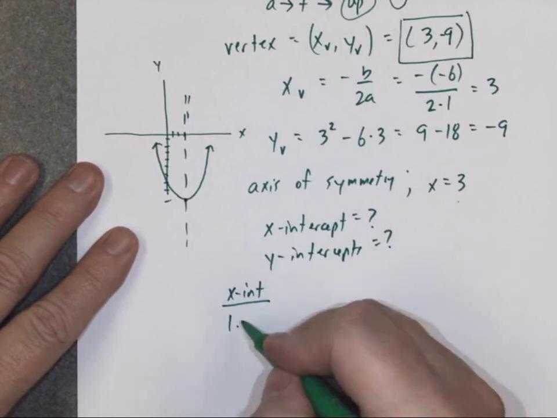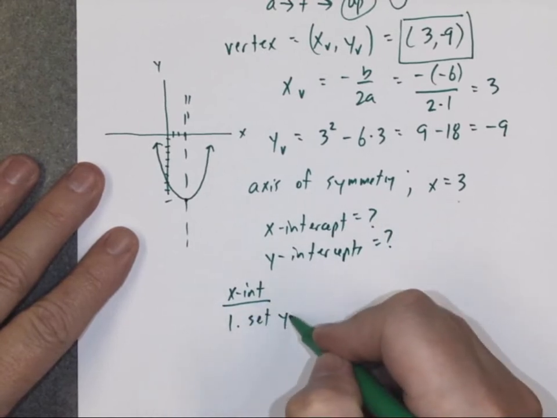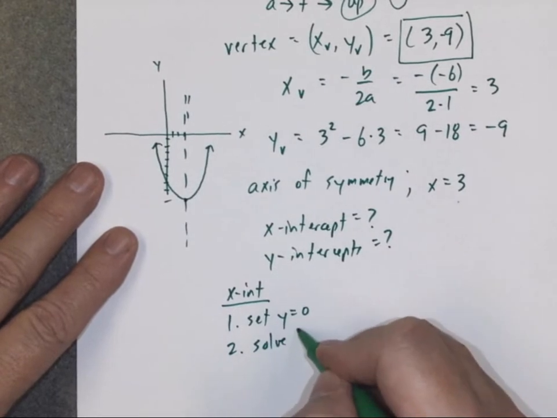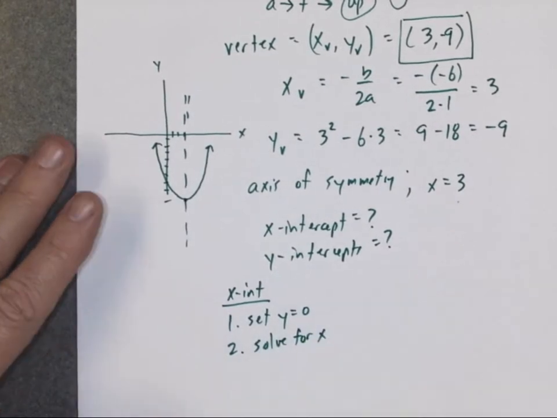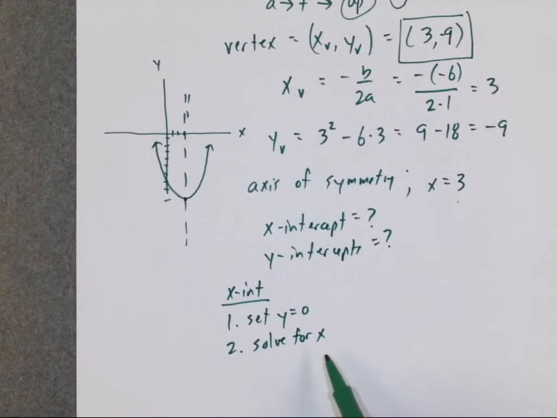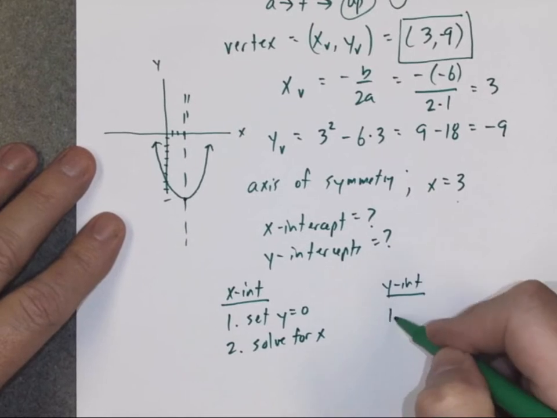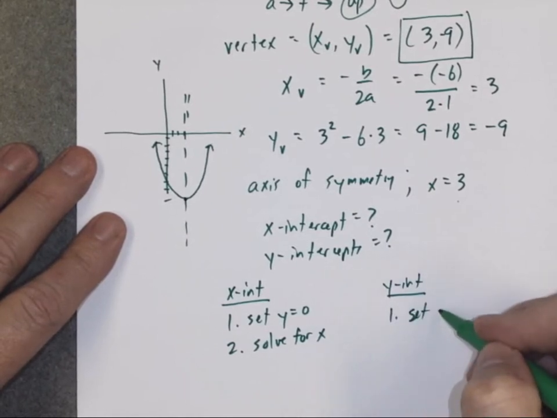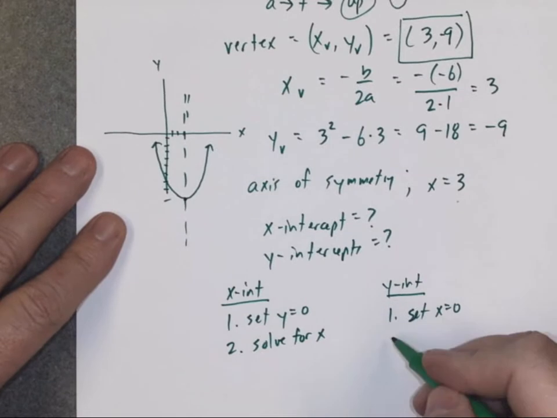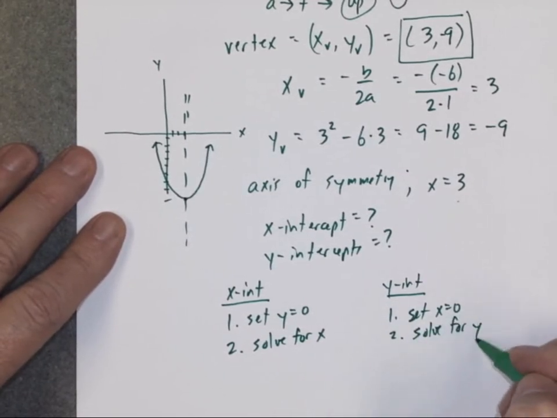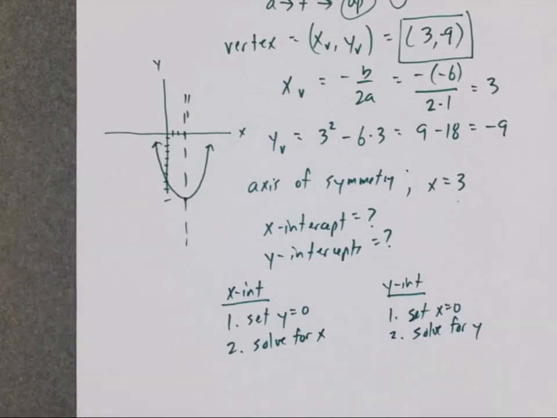You take your equation, you set y equal to 0, and you solve for x. And whatever x equals, those are going to be your x-intercepts. And the y-intercept, you just flip it. You set x equal to 0, and then you solve for y, and the y's you find will be your y-intercepts.